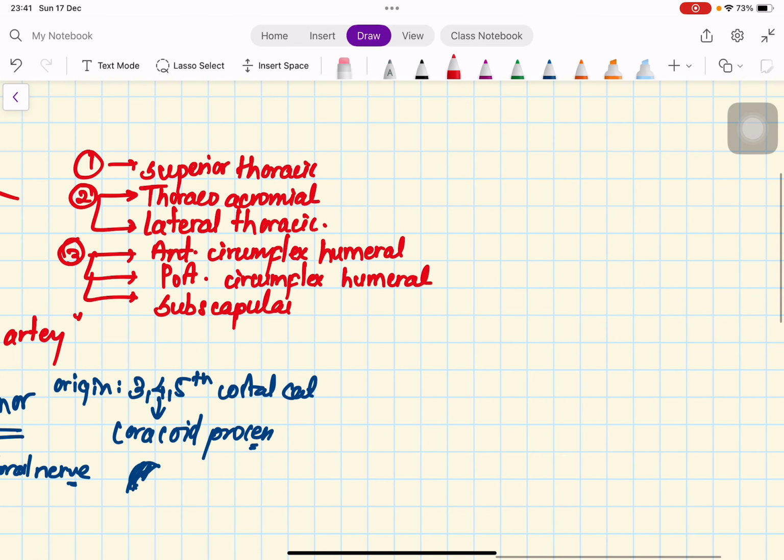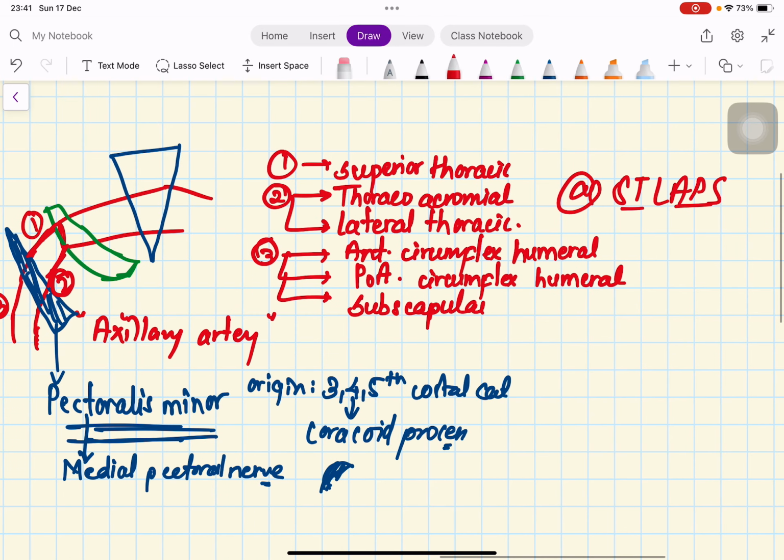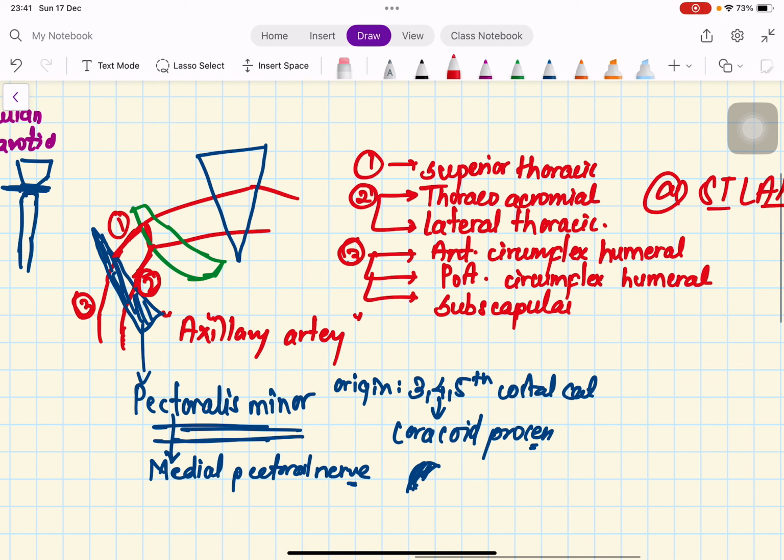I used to remember it like this, STLAPS, means Saint Labs. Whatever it is, just remember. You can remember this by making any kind of mnemonic, it doesn't matter at all.